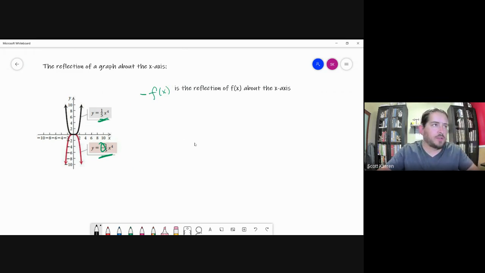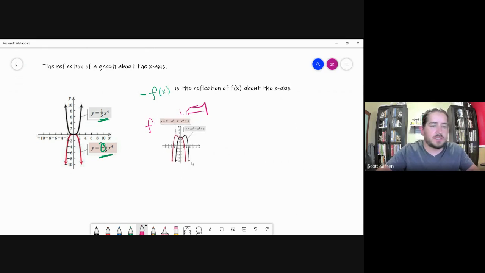So if you have, let's say, some function of x, let's call it the negative square root of x, right? Well, that negative just means you're going to take the square root of x and flip it about the x-axis.